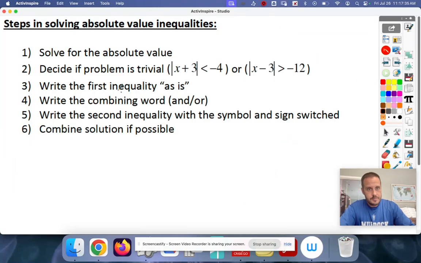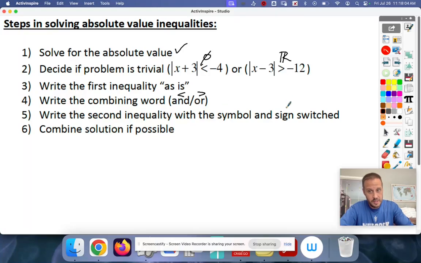So how do we solve these? Obviously, you've got to set the absolute value by itself. If it's trivial, how often do you get something less than a negative? Never. How often do you get something that's greater than a negative? All the time. And so you get all real numbers. The first inequality, as is, write the word and if it's less than, or if it's greater than, the number, and write the second with the inequality sign switched.